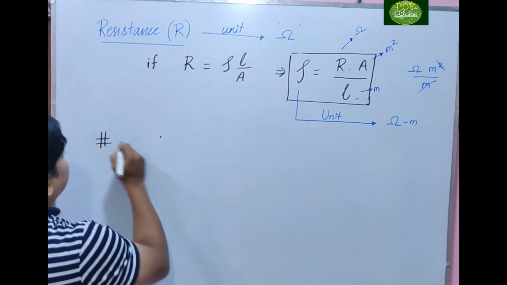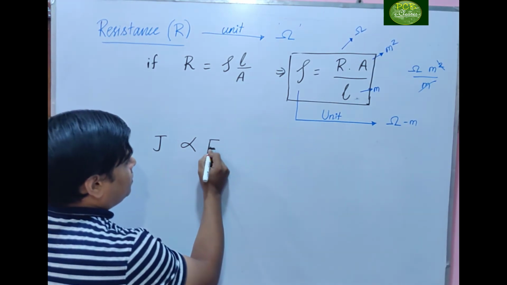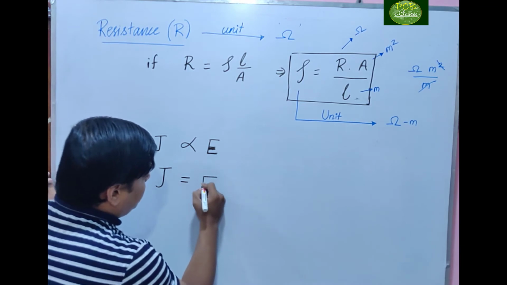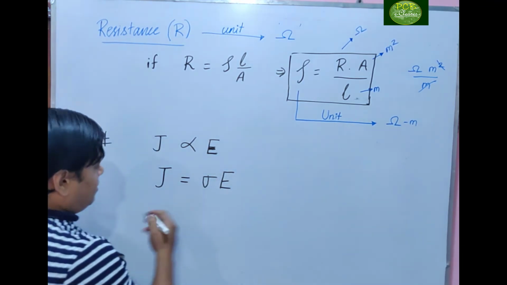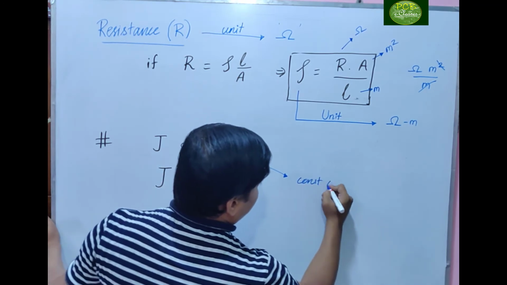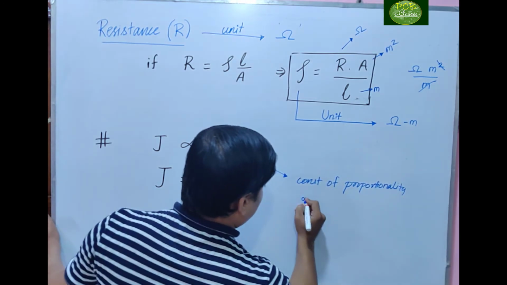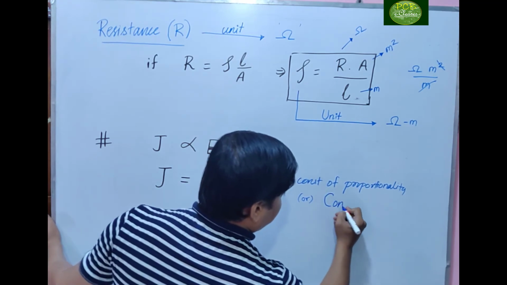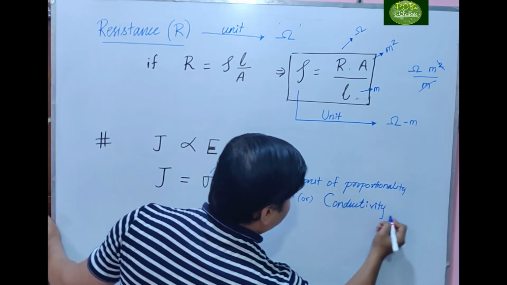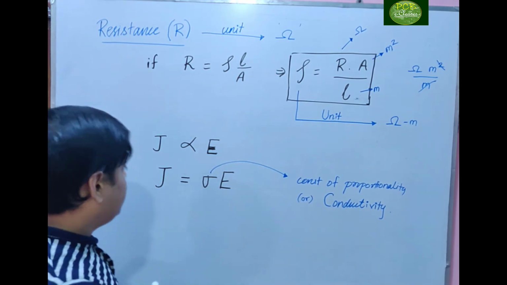It says J is proportional to E. So J can be written mathematically as sigma E, where sigma is the constant of proportionality, known as conductivity.